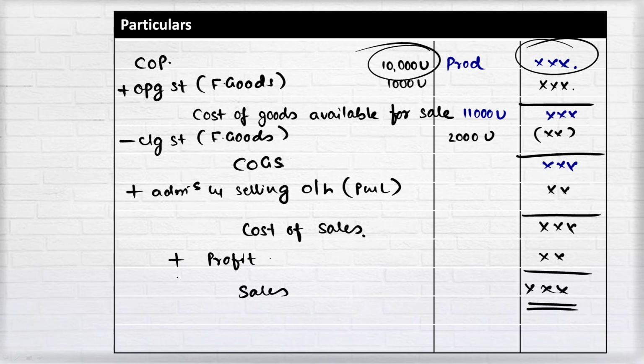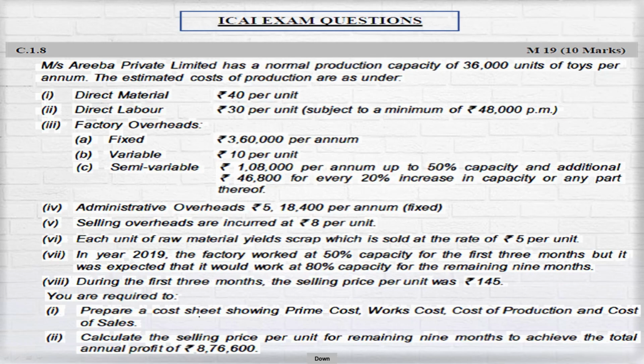So, what is cost of one pen? You can do this. Cost of sales divided by units sold, that is 9,000 units. All right. We have done all the questions up till ICAI examinations question. We will be solving ICAI examination questions.